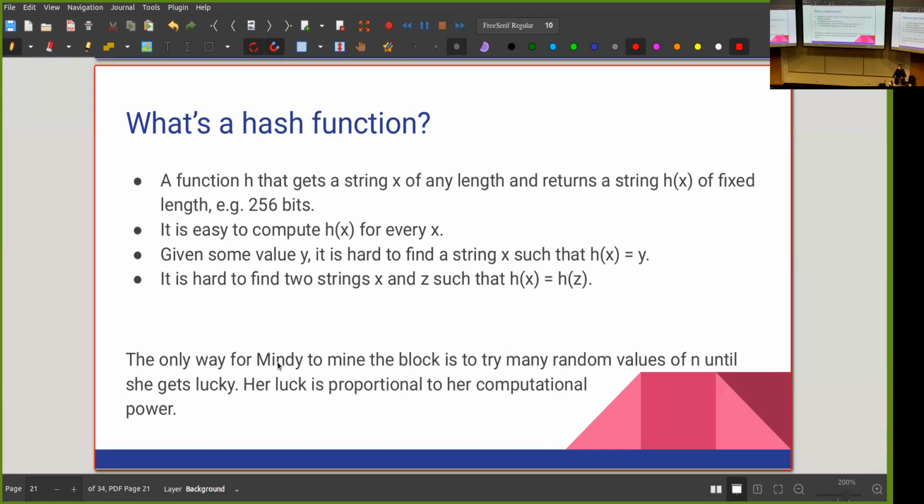Maybe you can compute, I don't know, 10 to the power of 12 hashes per second. But if you are just using a normal laptop, you might be able to only compute 10,000 hashes per second. So as a miner, as someone who wants to add blocks, you have more probability of being the one who adds the next block if you have more computational power. Okay.